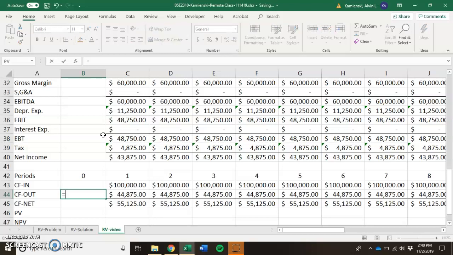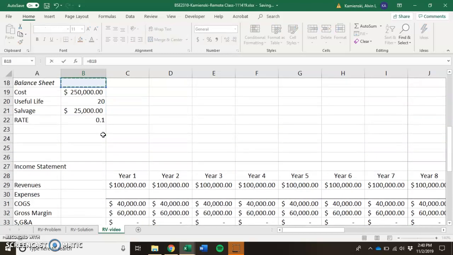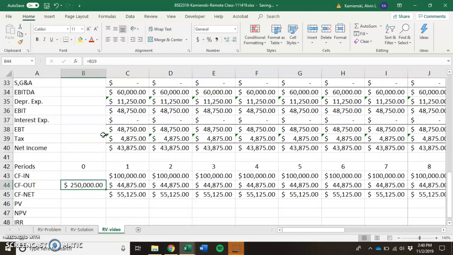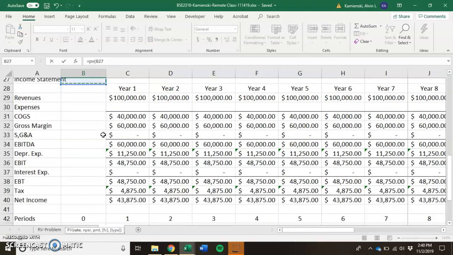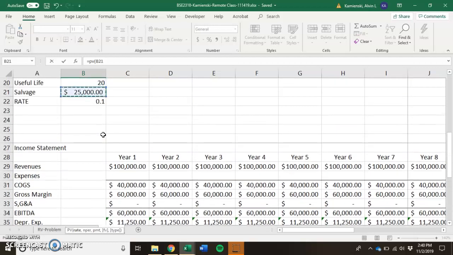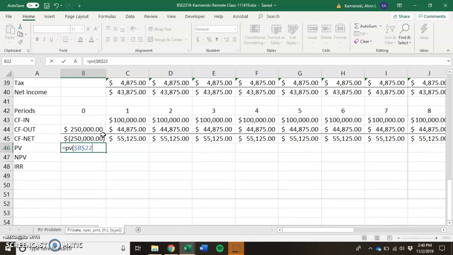How does this all kick off? Because the first thing we have to do is buy an RV for $250,000, which tells us that we would have to make that expenditure in the first period, from which then we calculate present values, where the rate we have notated in our assumptions as 10%. It won't move, so we affix it. The number of periods is 0, no payment, so we move past it.